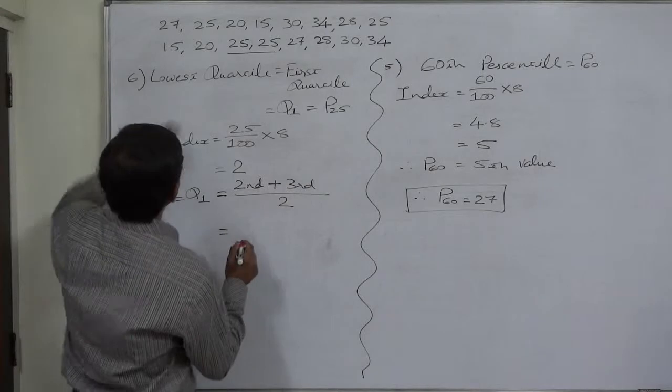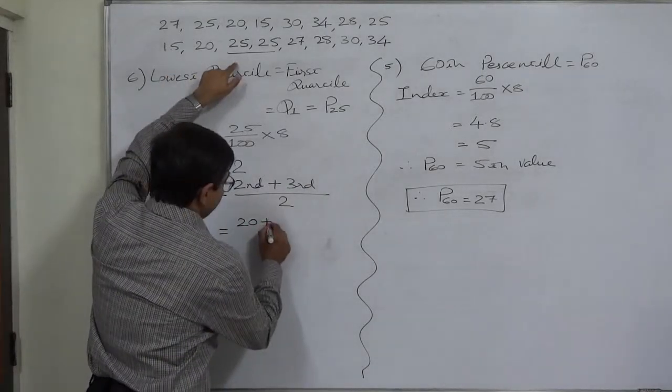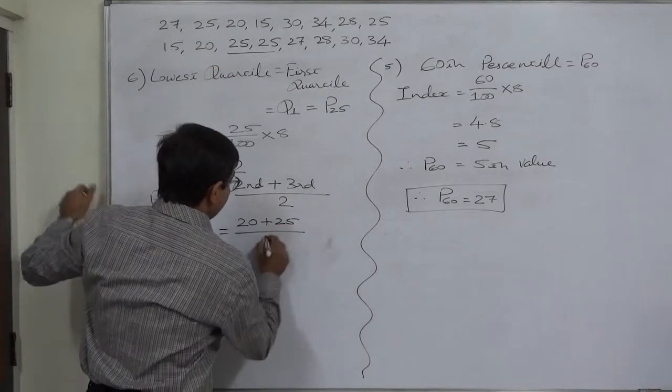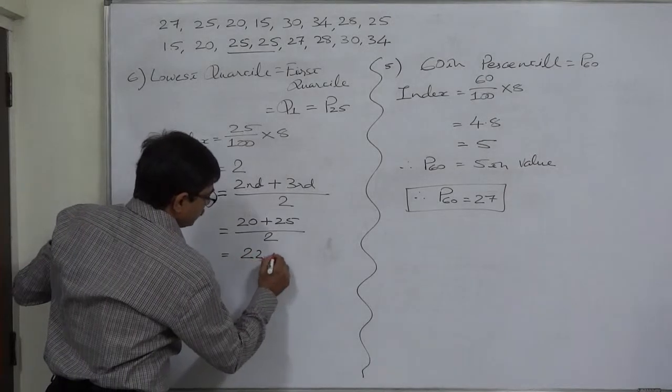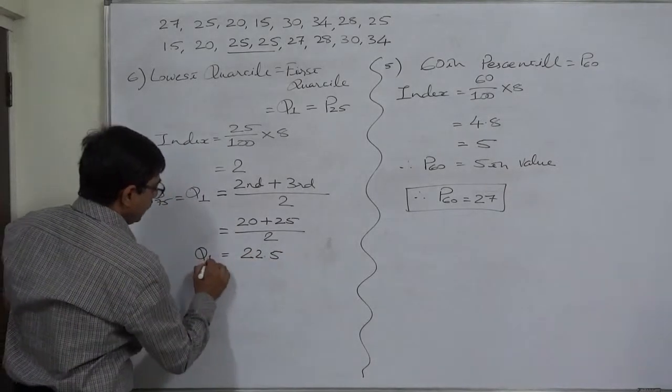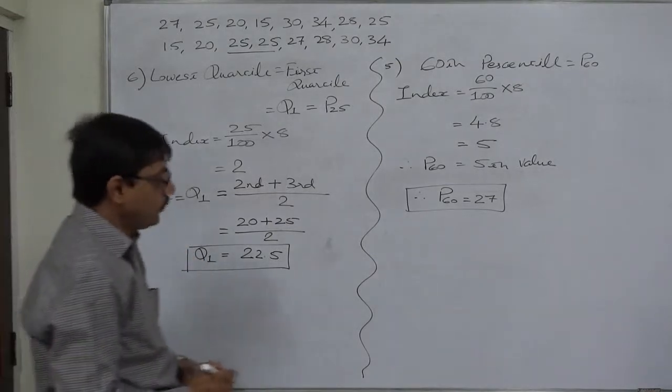What is the second value? It is 20, and the third value is 25. Divide that total by 2. It is 22.5. Q1, the first quartile or the lowest quartile, comes to 22.5.